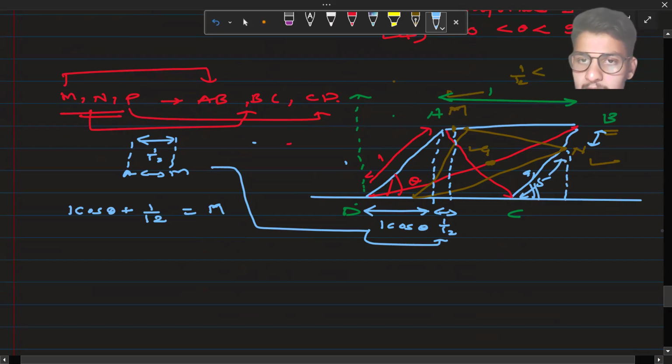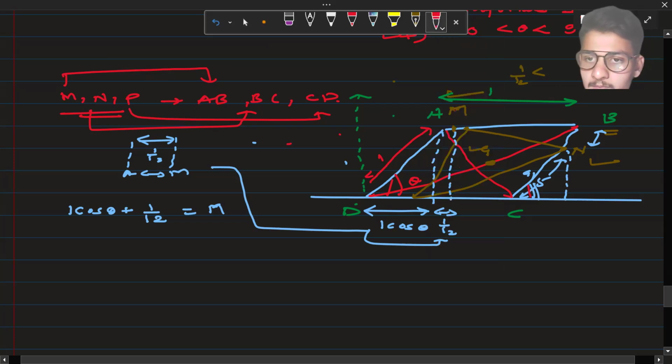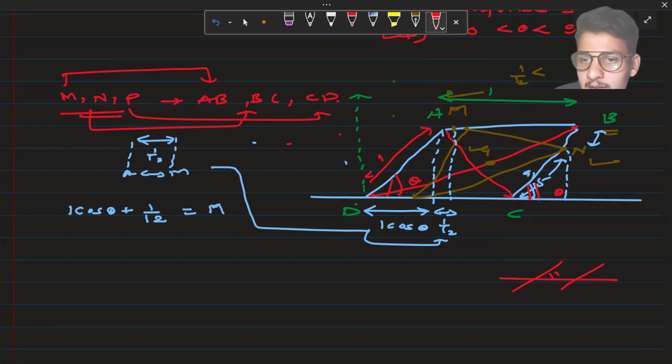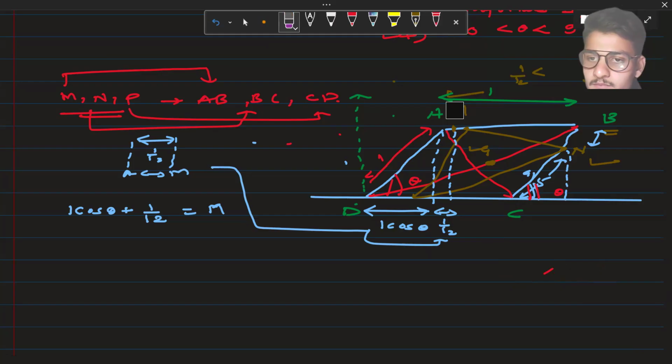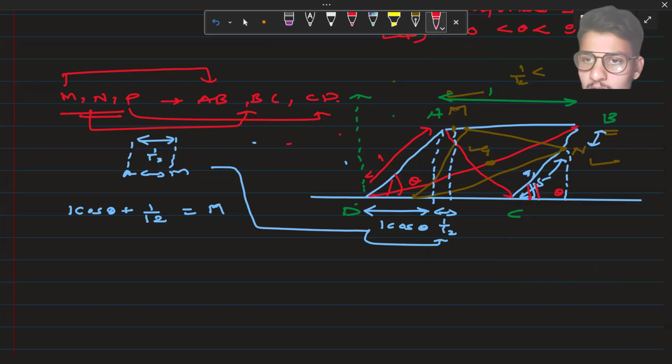And this is also theta, because of parallel lines, these corresponding angles are equal. So 4/5 cos theta is this much distance, and its y coordinate will be 4/5 sin theta.